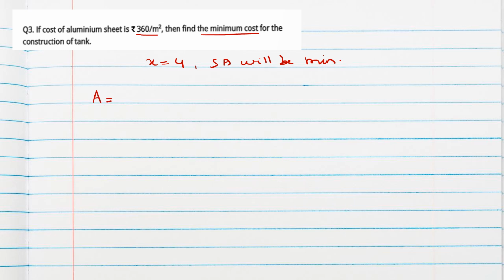Before deriving it, we got as x square plus 128 by x. So what we will do, this is the area, but at x equal to 4, this area will be least. So we will find that least surface area will be 4 square plus 128 by 4.